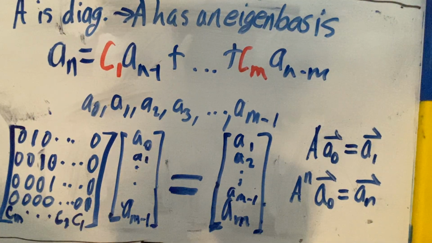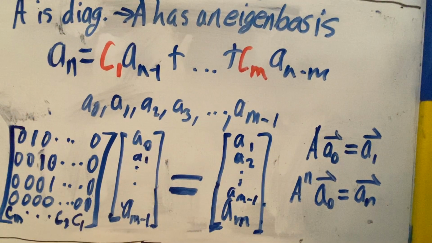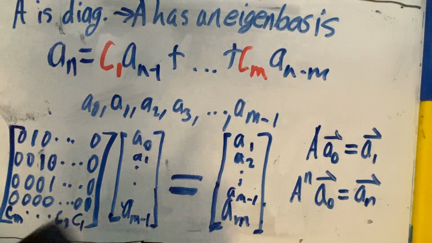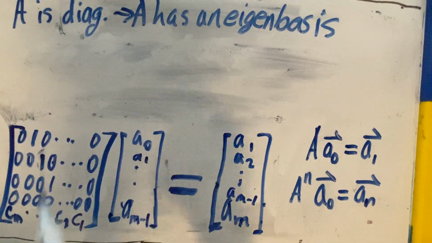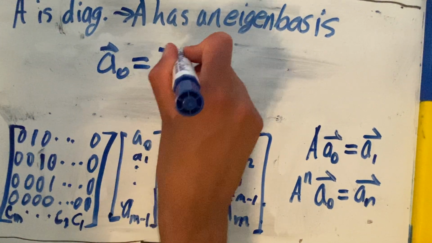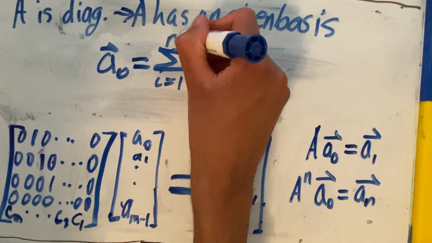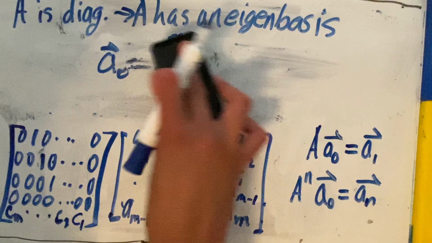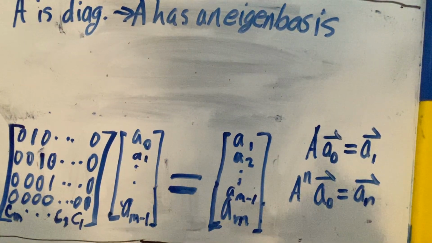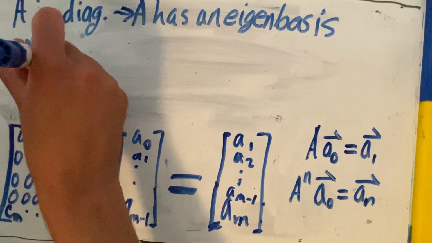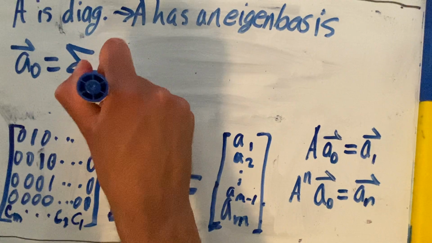What that means is that any vector can be expressed as a sum of the eigenvectors of A. And in particular, we will want to express A0, the initial conditions vector, as a sum that can be broken up into eigenvectors of A. So A0 is a sum from i equals 1 to m.